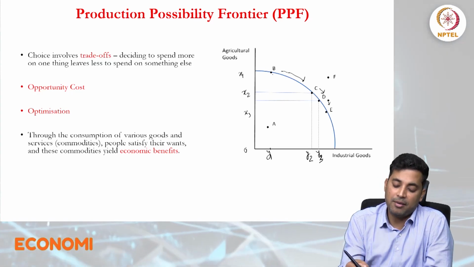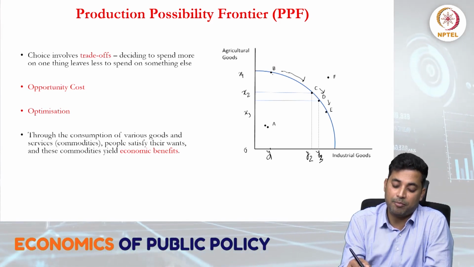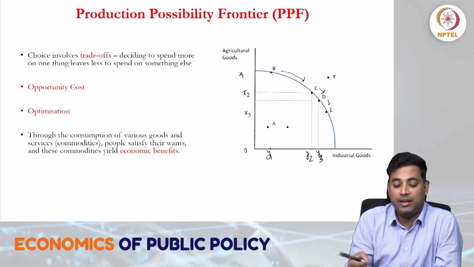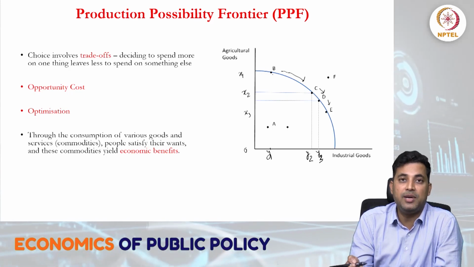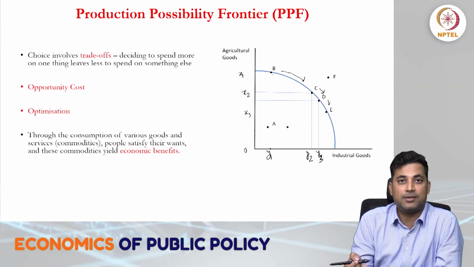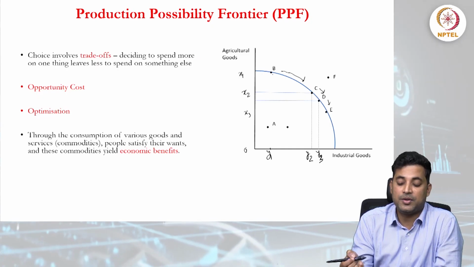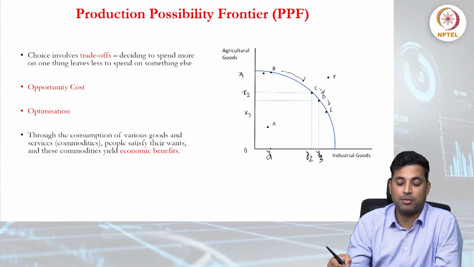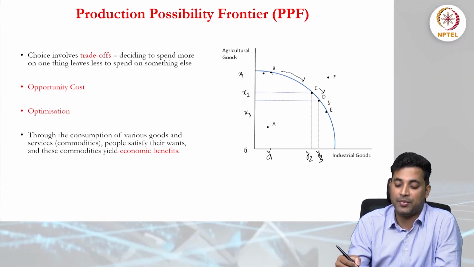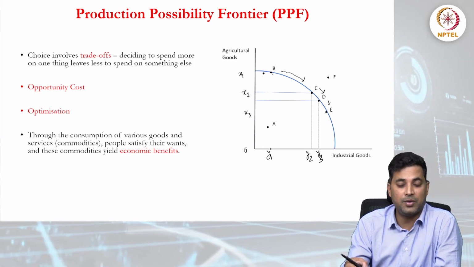Now if a nation, or I as a producer, am at point A, it falls within the production possibility frontier, which means underutilization of resources. Given its resources and full capacity, a country or producer can actually be on the production possibility frontier, which is labeled in this blue concave curve. But under this curve is basically underutilization.